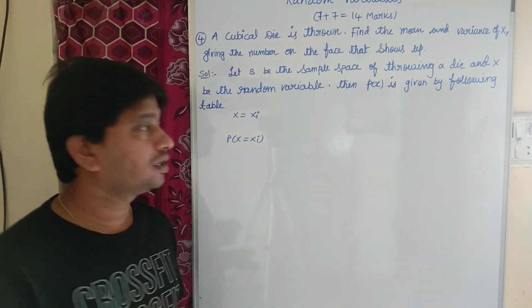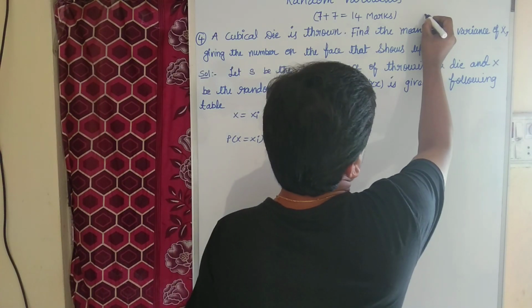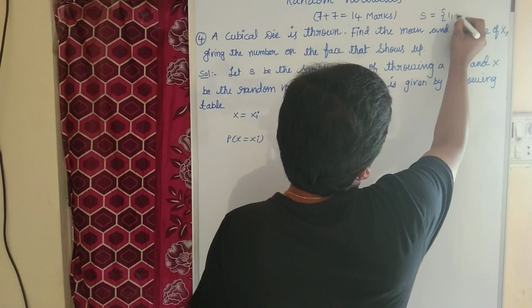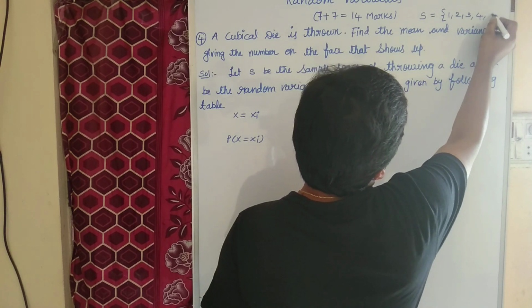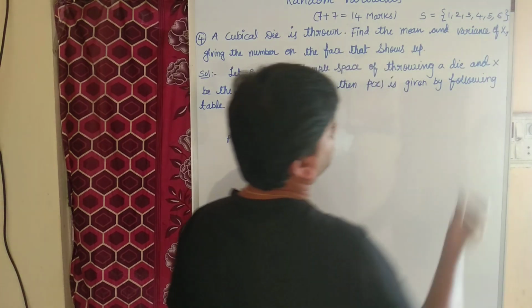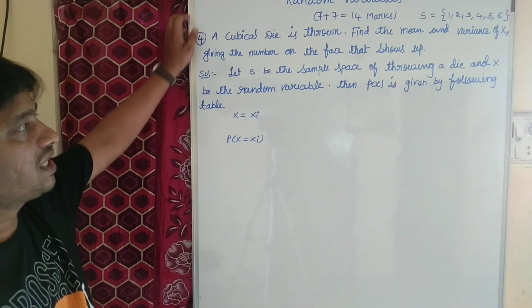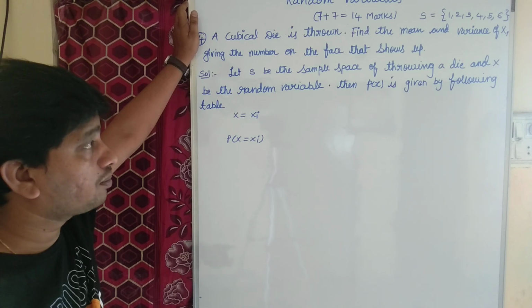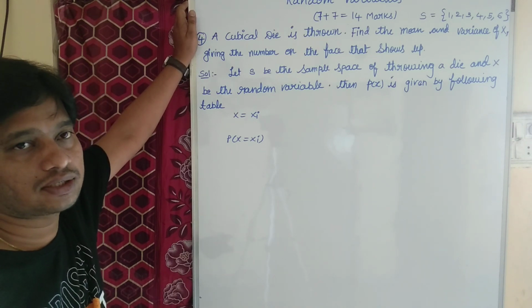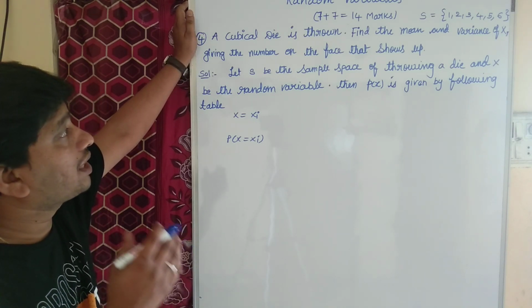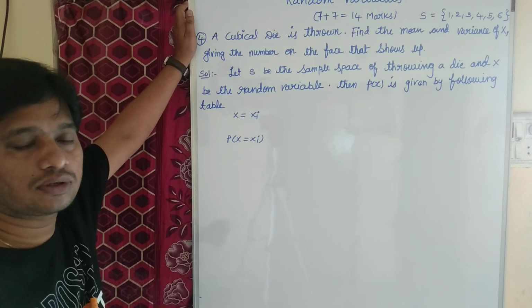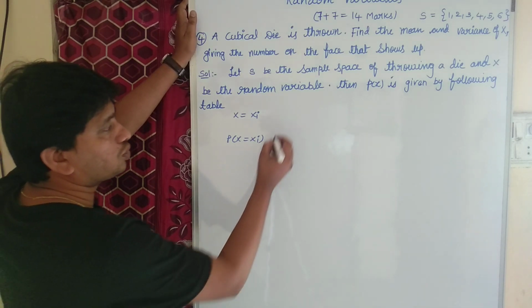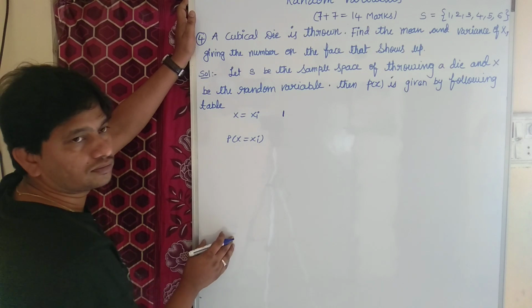If we throw a die, the sample space is S equal to 1, 2, 3, 4, 5, 6. Yes, S is the sample space of throwing a die. If you take x as the random variable, then what is the probability of x, the number on the face that shows?